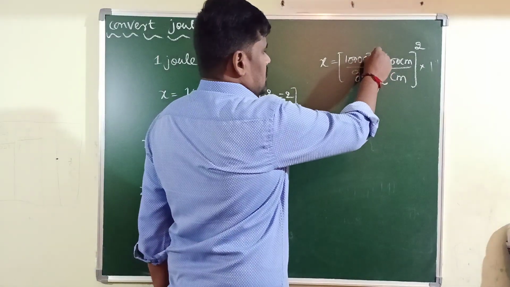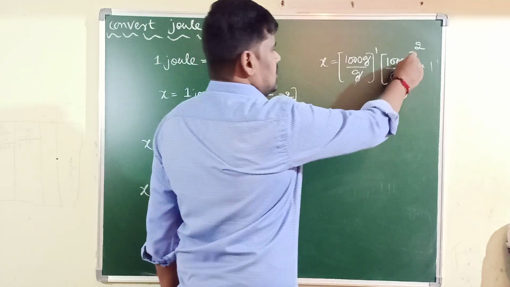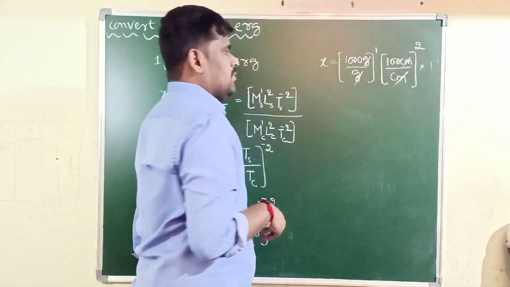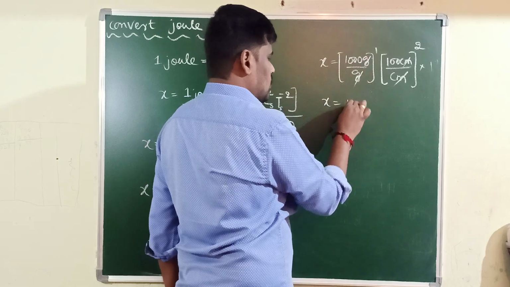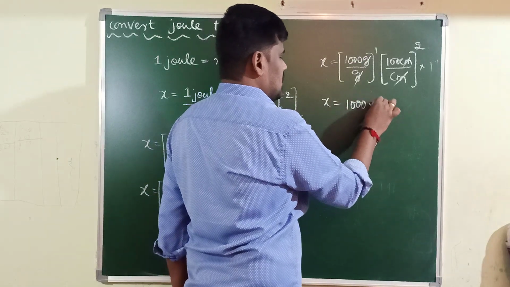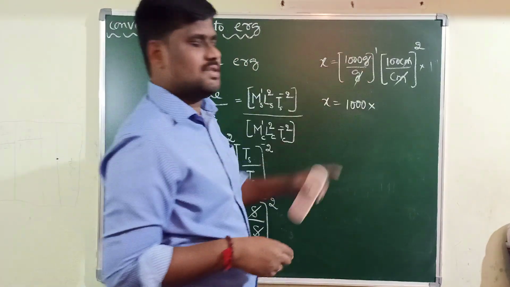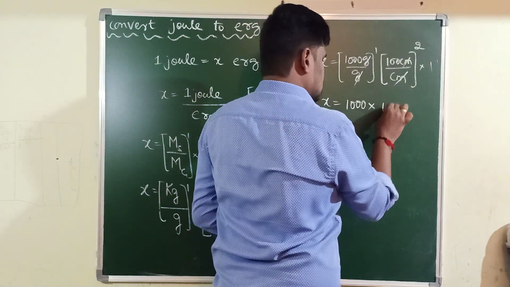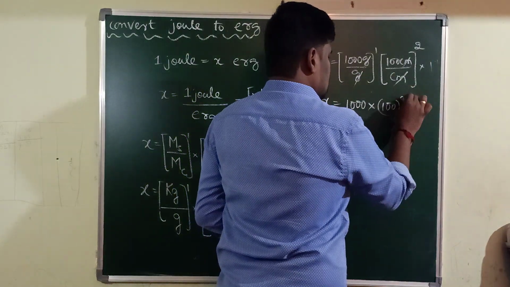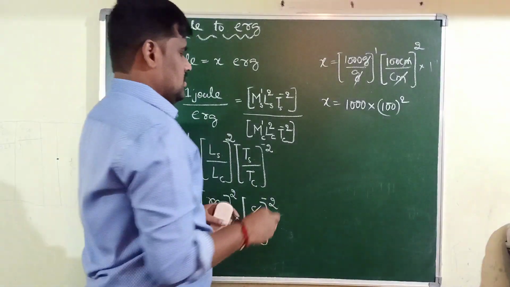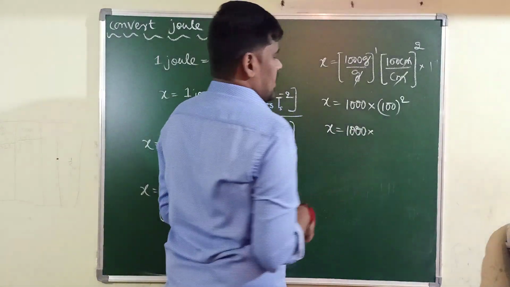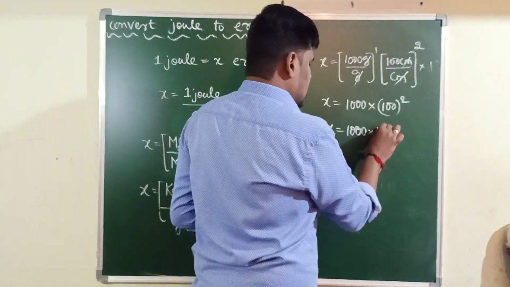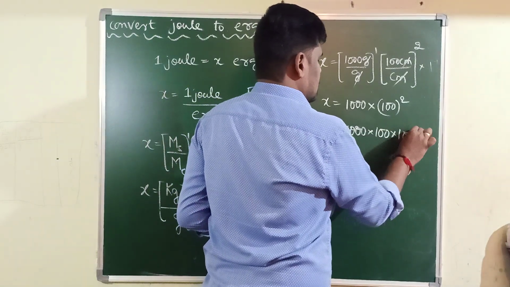Next step. Gram and gram get cancelled. Centimeter and centimeter get cancelled. Then I am left with x is equal to 1000 multiplied by 100 square. 100 square can be written as 100 into 100.